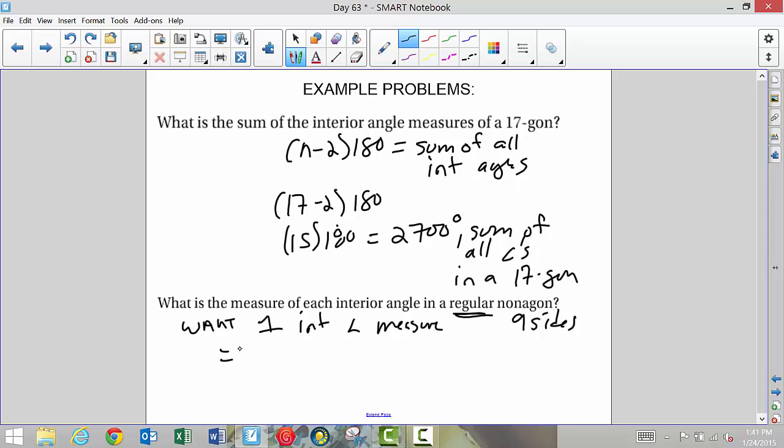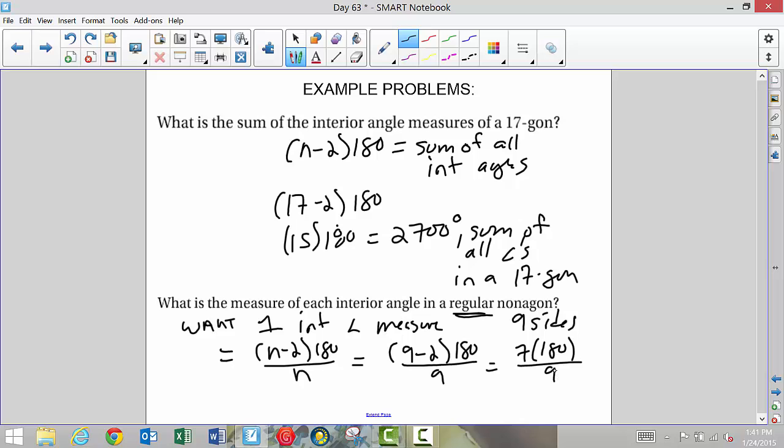So that's going to equal n minus 2 times 180 divided by n, where n is the number of sides, 9 minus 2 times 180 all over 9, which is 7 times 180 divided by 9. So we do 7 times 180, and then I divide by 9, and I get 140. So this equals 140 degrees. That's the measure of one inside angle in a regular nonagon.